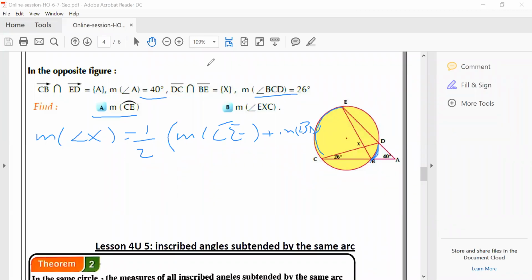Salma, can you tell me BD equals what? Where is the angle, Salma? This is BD, and the angle opposite to it is here.